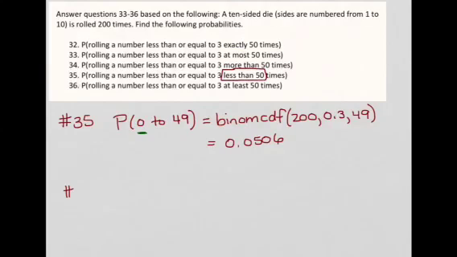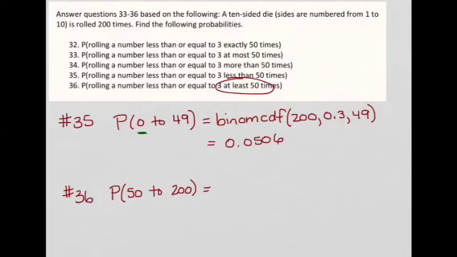And finally, for number 36, now I want the probability of getting at least 50 times a number less than or equal to 3. So at least 50 means 50 is the smallest to the highest, which is 200.